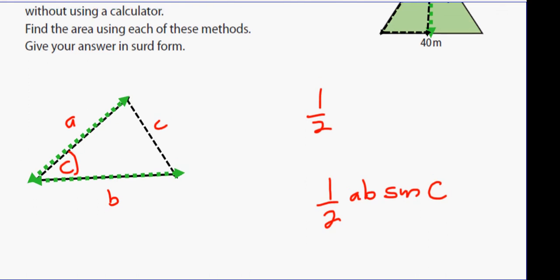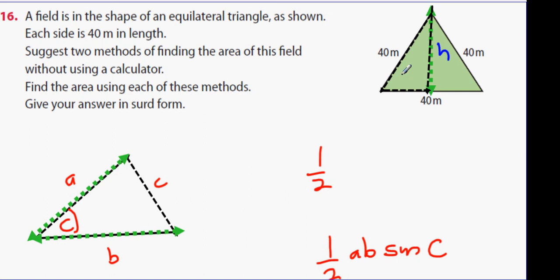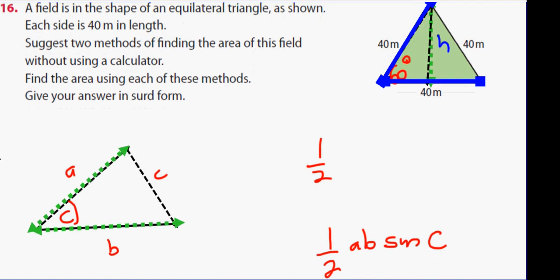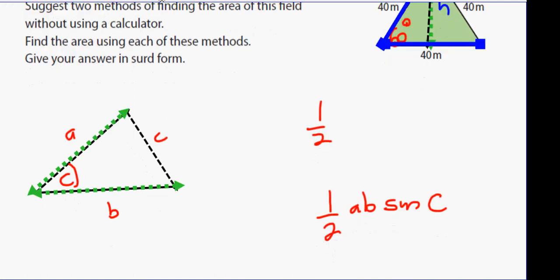So for this triangle here, what is this angle here? Can anybody tell me? Has to be 60. Why does it have to be 60? It's an equilateral triangle. Now that we've done that, half any two lengths and the angle in between. What are the two lengths then? 40 and 40. So it's going to be a half 40 times 40 sine C. What's sine 60 in your tables?